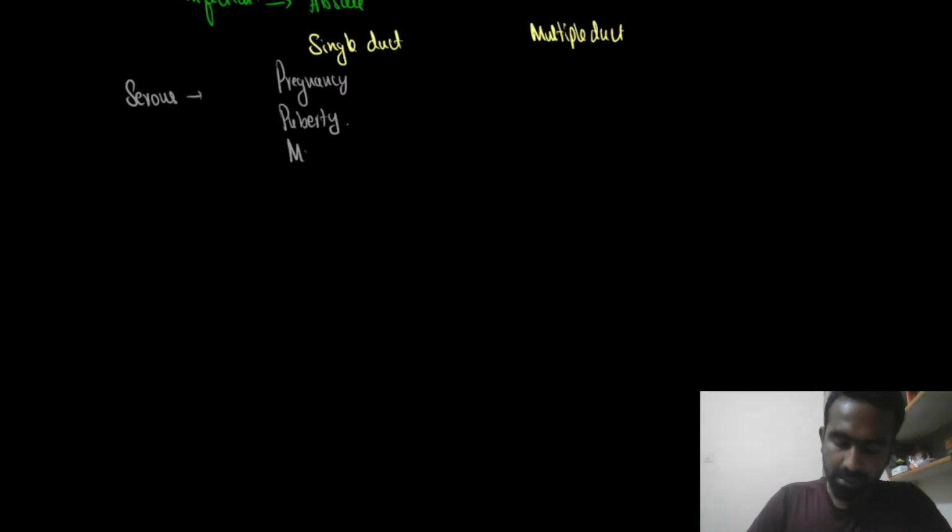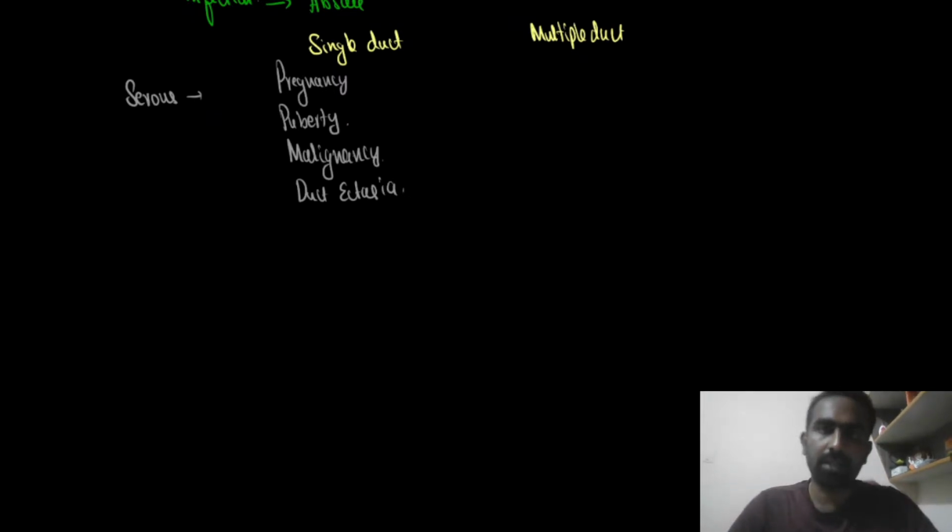Nipple discharge we discussed in detail yesterday. Nipple discharge can be from a single duct or from multiple ducts. If it is a serous discharge from a single duct, it can be pregnancy, physiological during puberty, or it can be a malignancy, or duct ectasia.